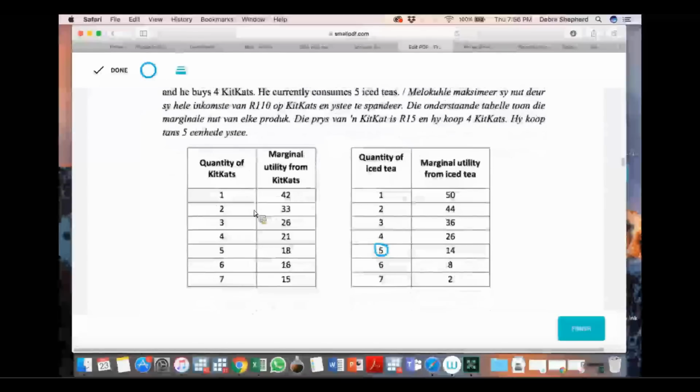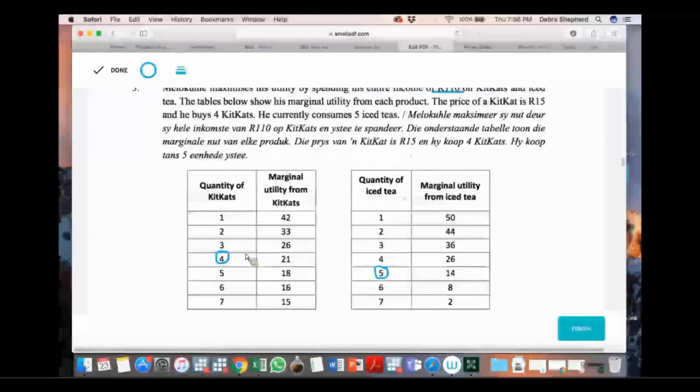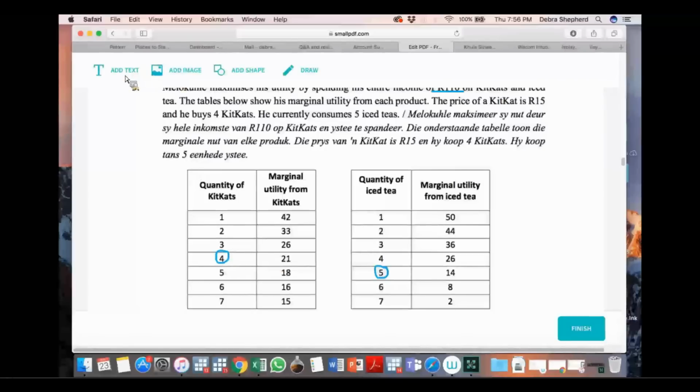Okay, so he buys 5 iced teas and he buys 4 Kit Kats. And a Kit Kat is 15 Rand. So that tells me that he is currently spending 60 Rand on Kit Kats, because 4 times 15 Rand is going to be 60 Rand.